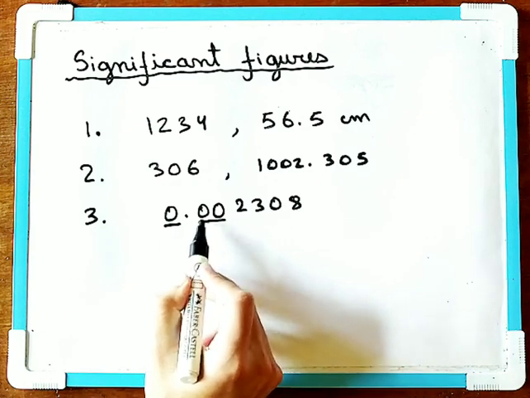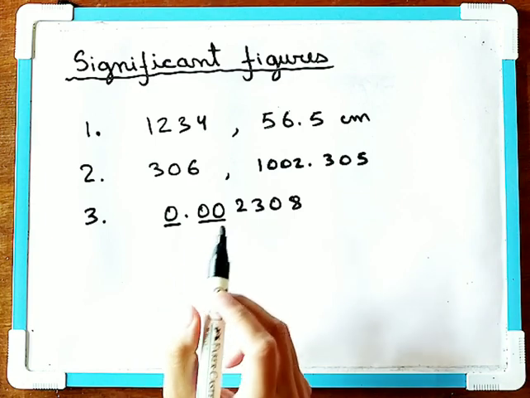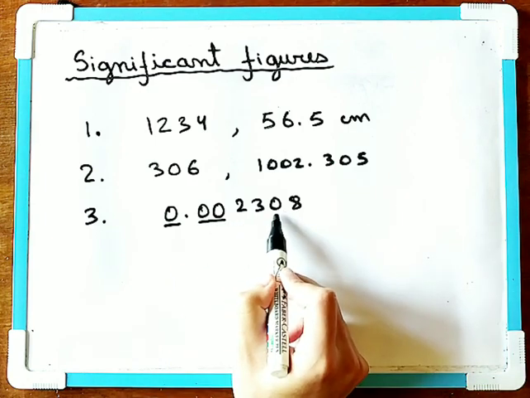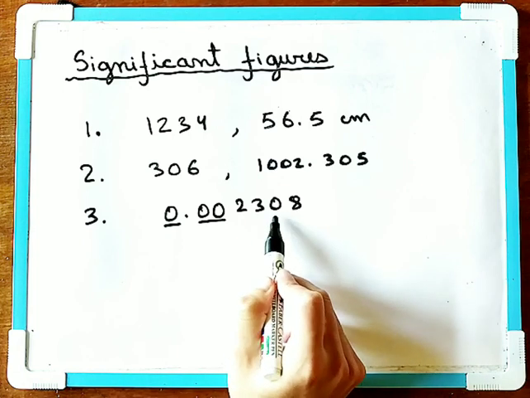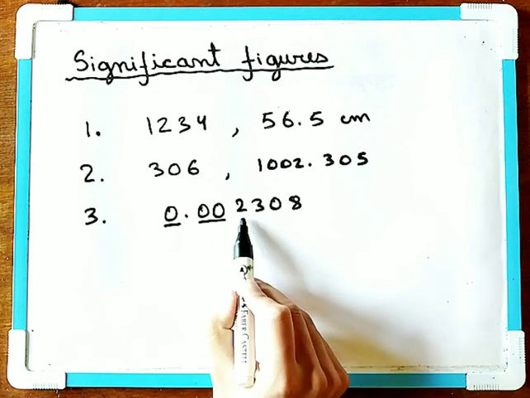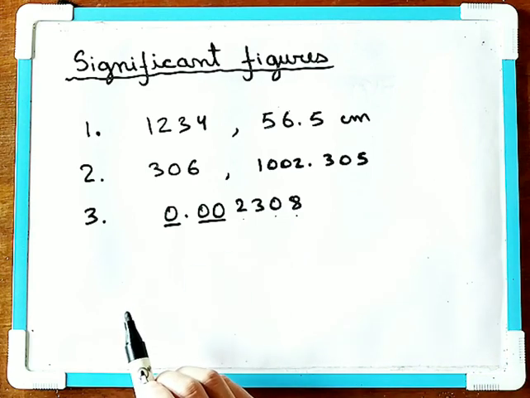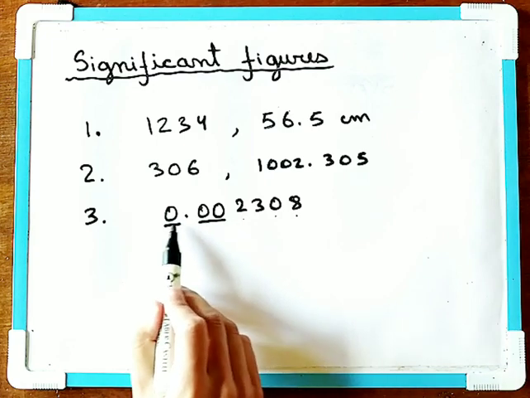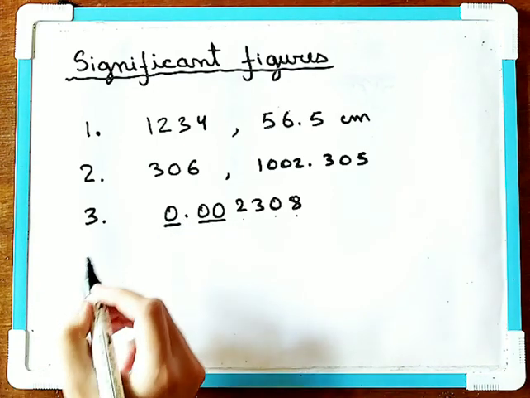They only tell the place of the decimal point, hence they are non-significant. But this 0 here is between non-zero digits, so it is significant. So in this case we have 4 significant figures. So that's the third rule: zeros which only indicate the decimal point are not significant.